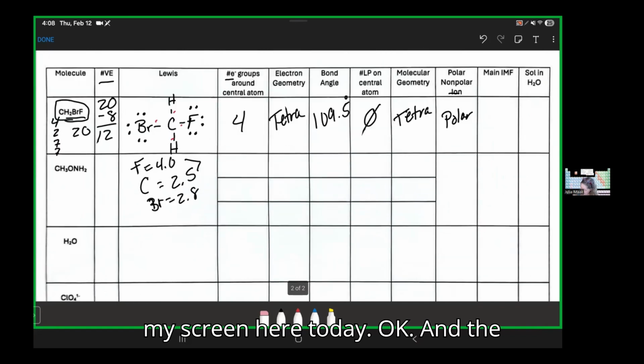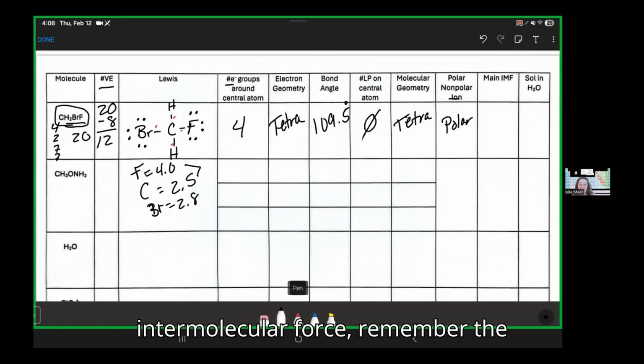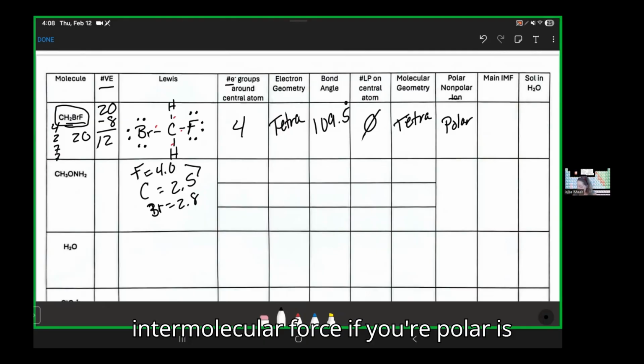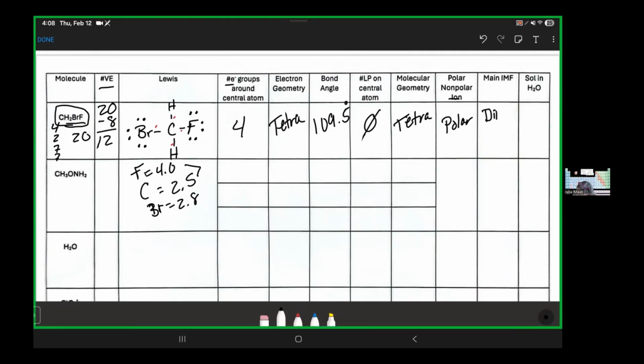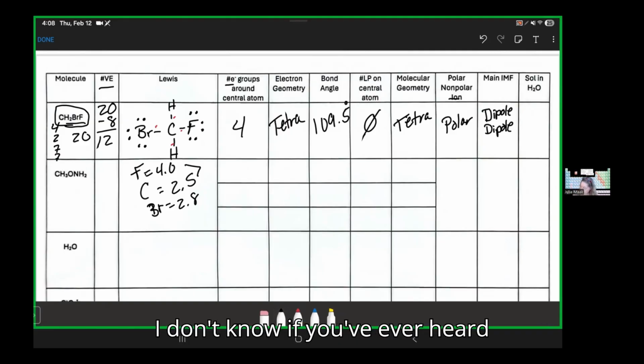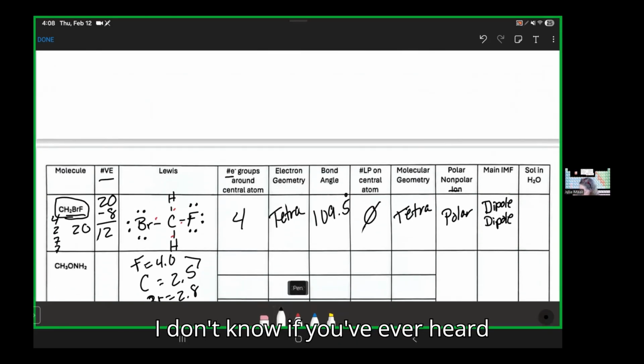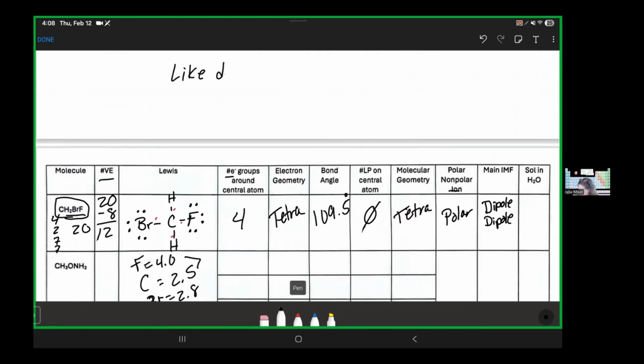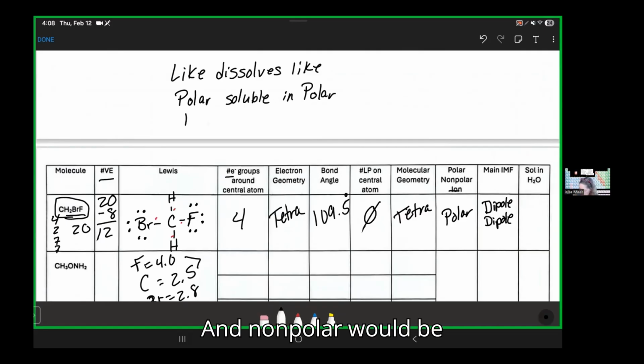And the intermolecular force, remember, if you're polar, is dipole-dipole. And it's soluble in water. I don't know if you've ever heard the term "like dissolves like." It means polar is soluble in polar, and nonpolar would be soluble in nonpolar.